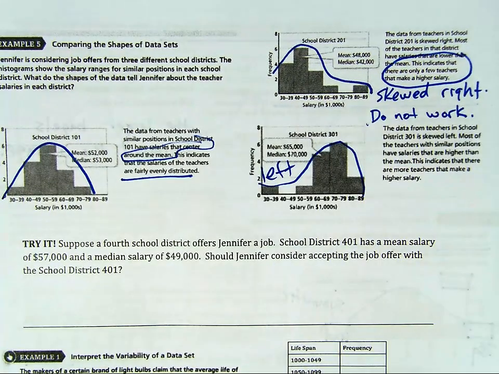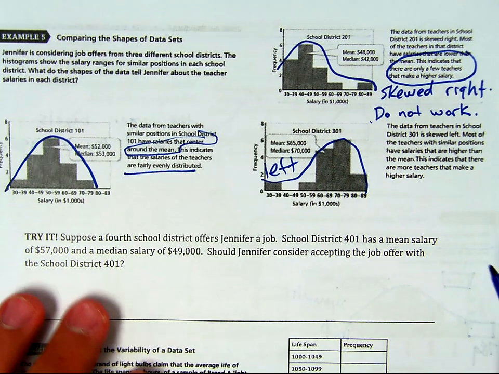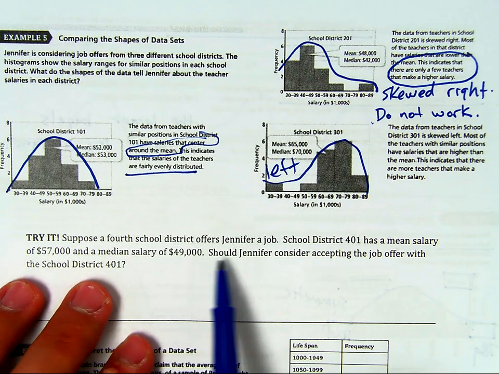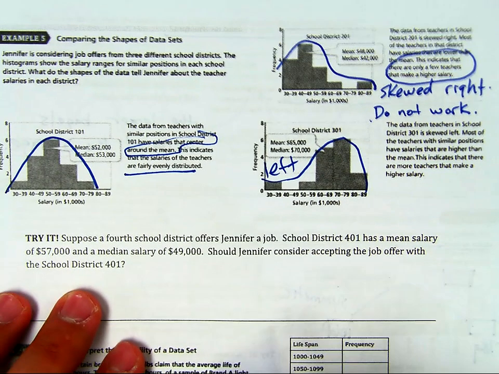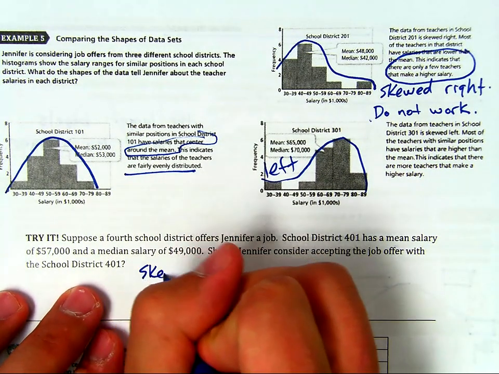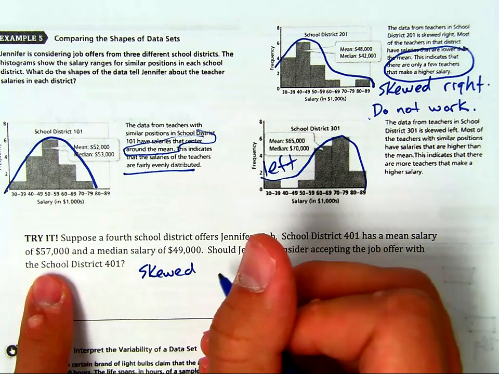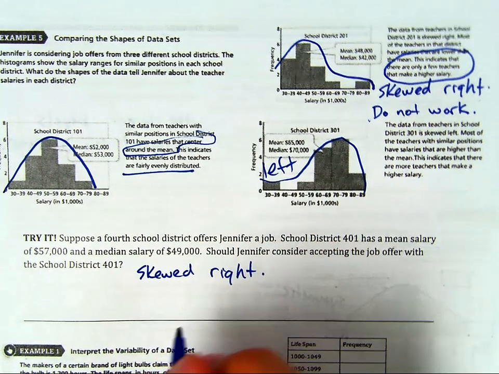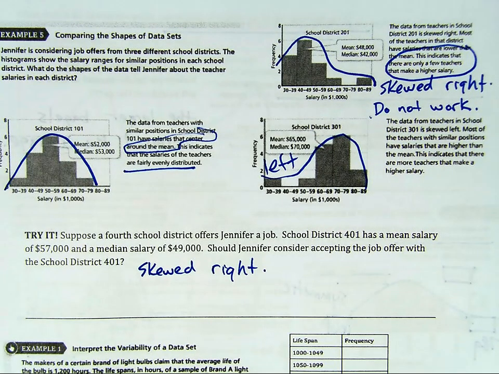Okay. So suppose a 4th school district offers Jennifer a job. School district 401 has a mean salary of 57 and a median salary of 49. Should Jennifer consider accepting the job? So this one is skewed. Okay, these are greater, so it's going to be skewed to the right. So for this particular one, all right, she would say no, right?